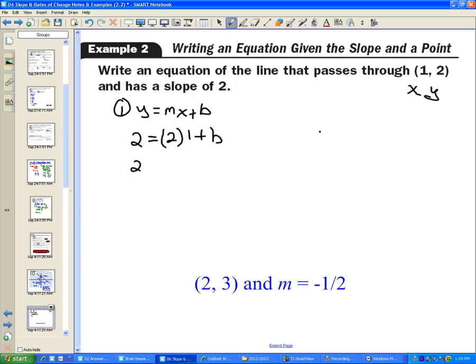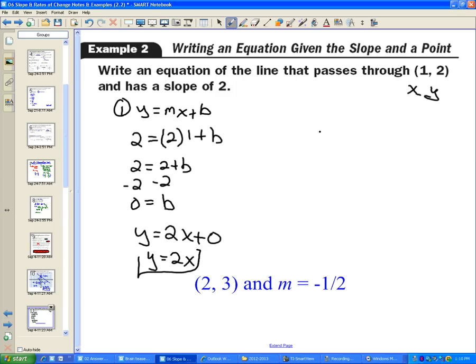So I get 2 is equal to 2 plus b. Subtract 2 from both sides. 0 is equal to b. So y is equal to 2x plus 0. So y is equal to 2x. This is the old form of the way that we taught you to do things, and it works just fine. But I want to use a new form.